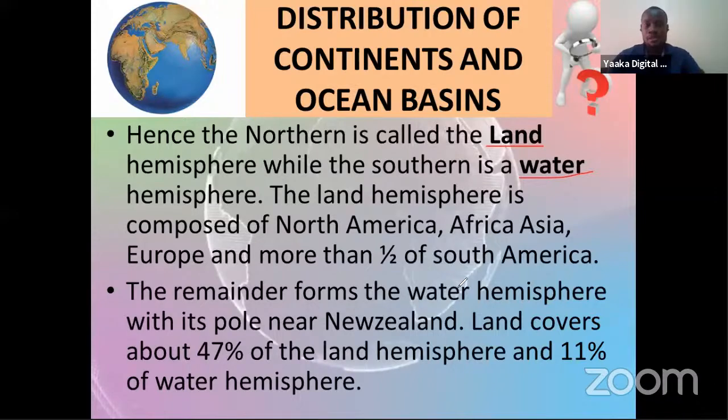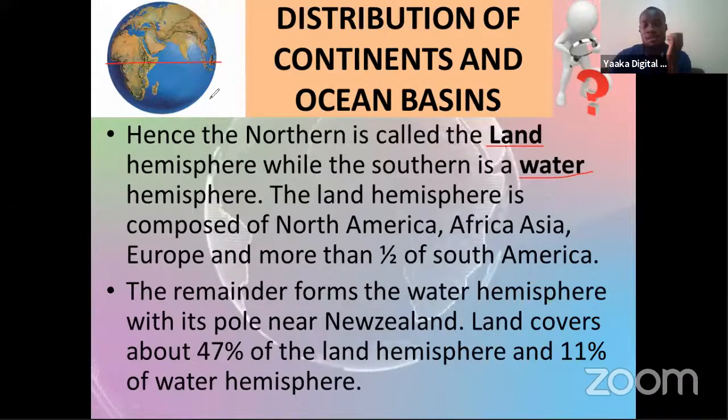Thank you very much. So after knowing that, when you divide the earth, you find that 29% is land and 71% is water.